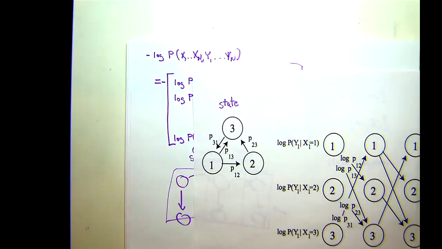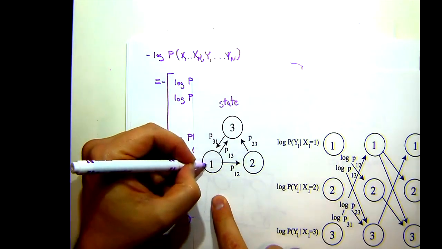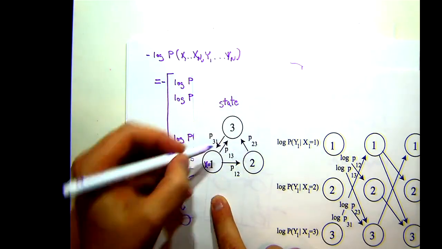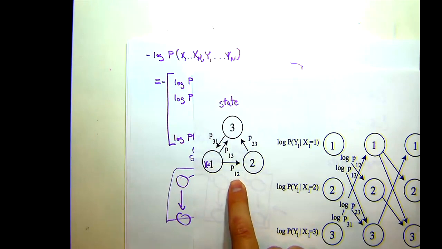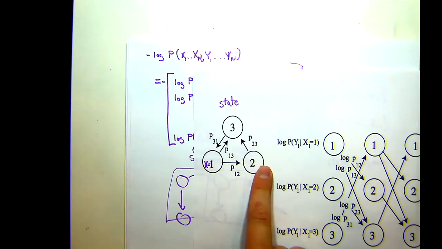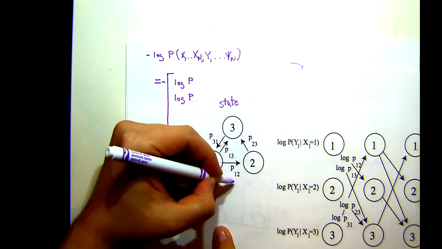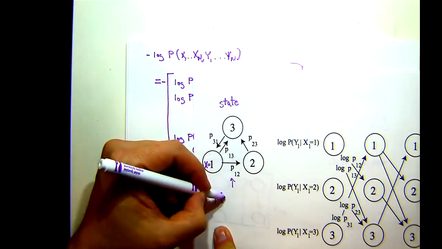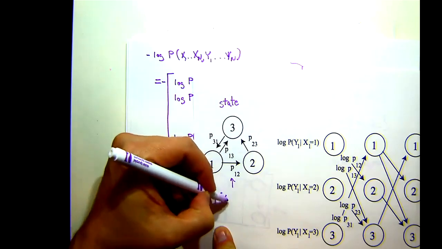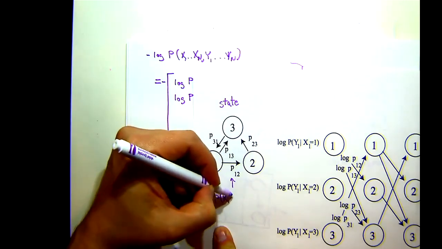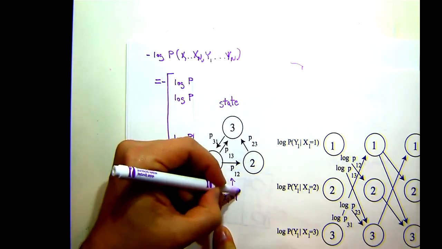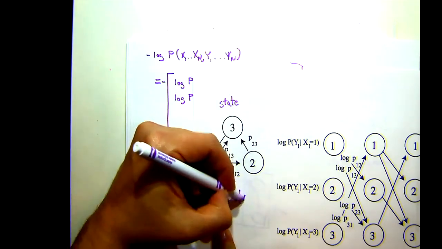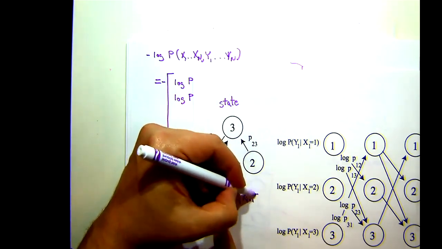And what this is saying, if I augment this a little bit, is that if I'm in state x and it has a value of 1, I'm going to move from this state to this state with some probability. So this is the probability of going to some x at time i equal to 2, given x at i minus 1 equals 1.